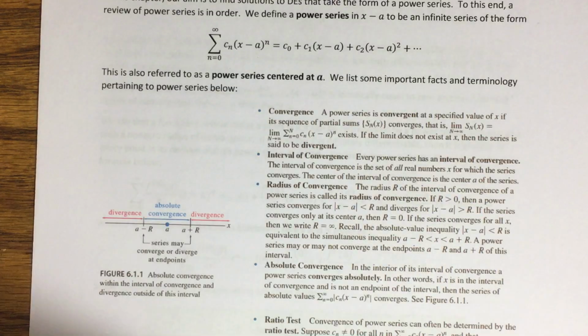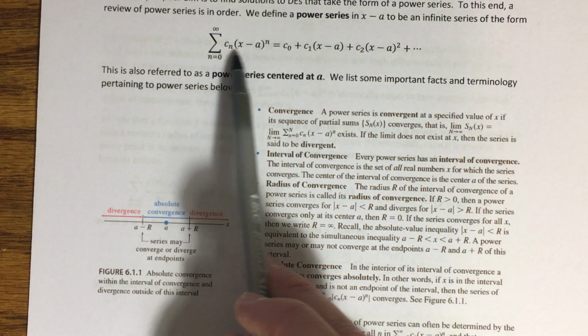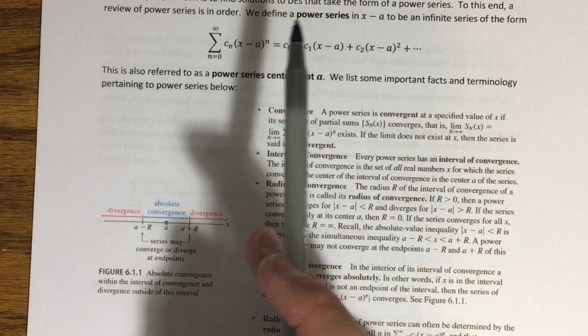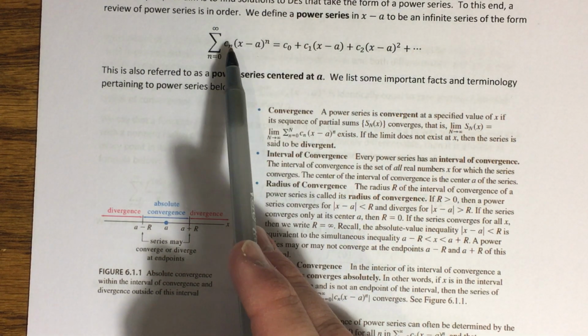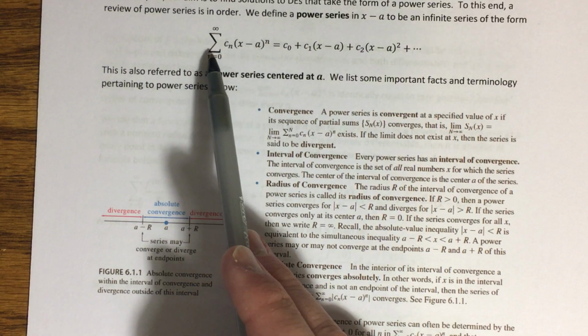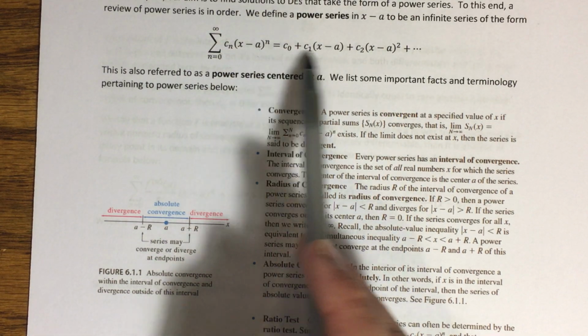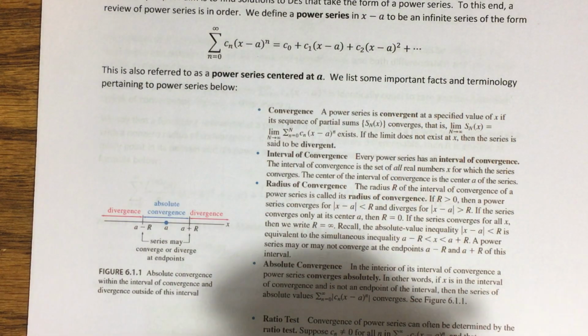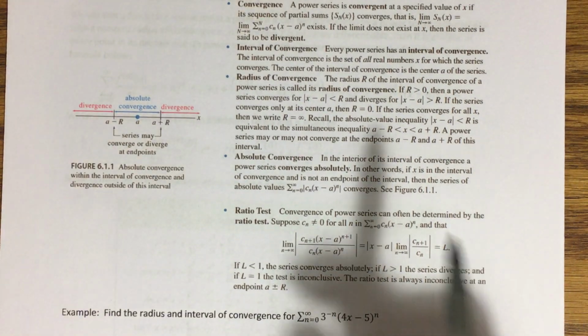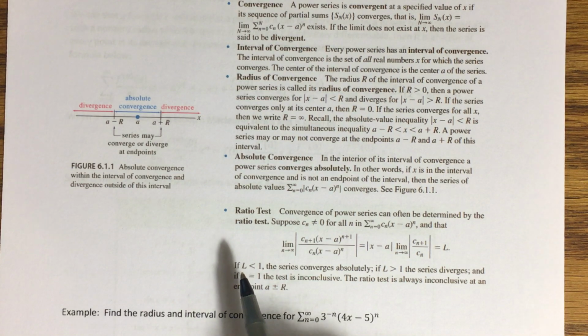In some cases that's automatic, because none of the terms ever come out negative, so taking their absolute values doesn't change anything. But in many other cases, for example if c_n alternates between positive and negative numbers, we may end up with negative terms in this power series, and so taking their absolute values actually does create a new series. But that's what absolute convergence is.